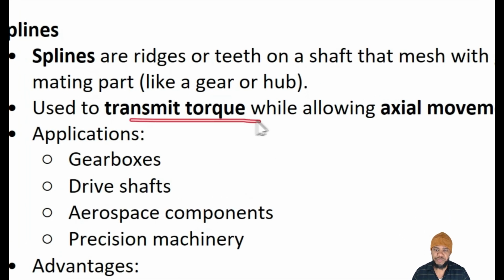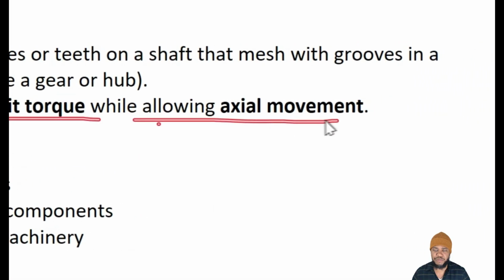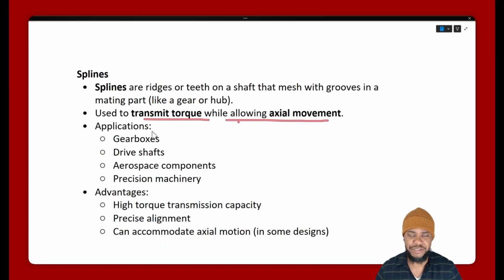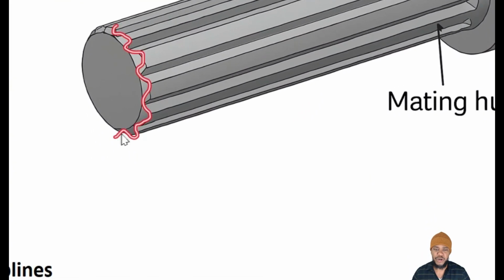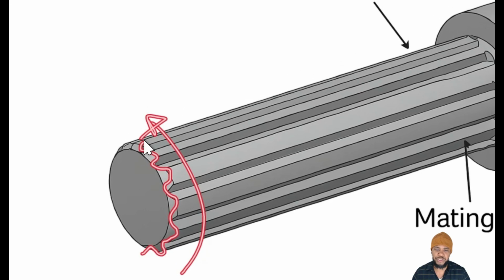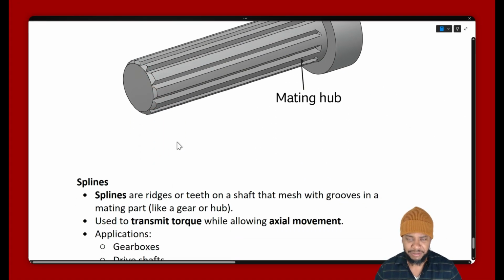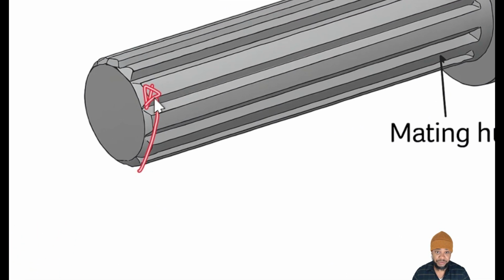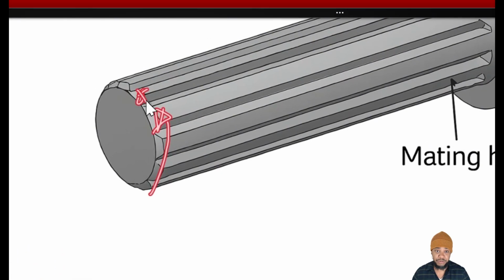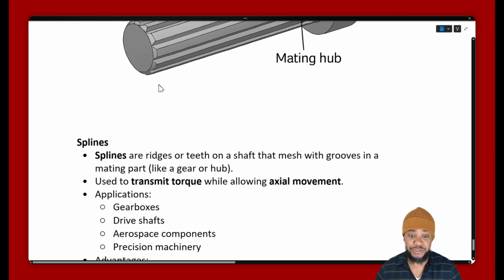They're used to transmit torque while allowing for axial motion down the axes. This series of teeth increase the surface area over which the torsional shear stresses are distributed, making this a very ideal and damage tolerant way to transmit torque, where if one of these teeth become damaged, you still have a bunch of others to carry the load.